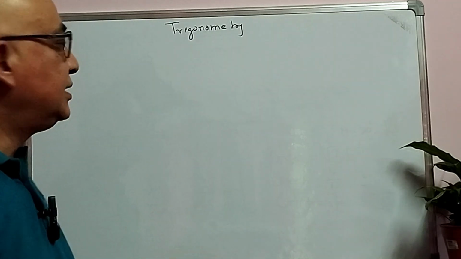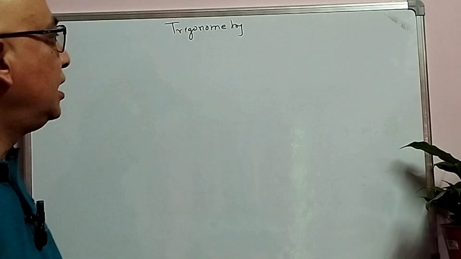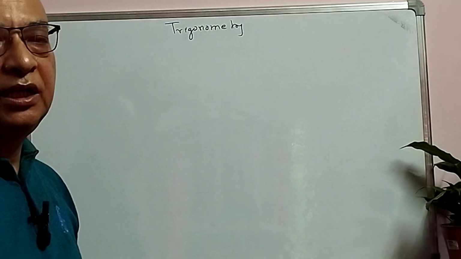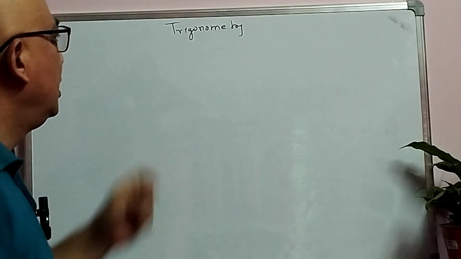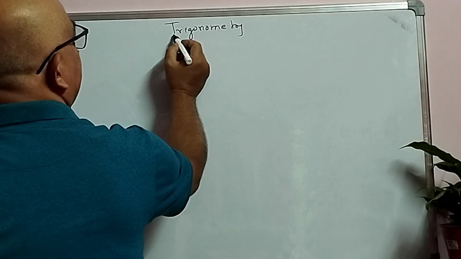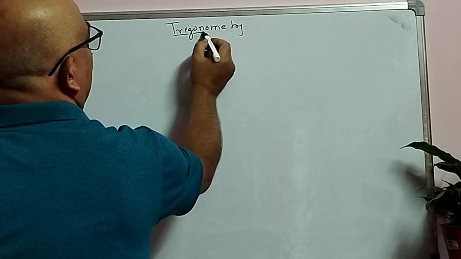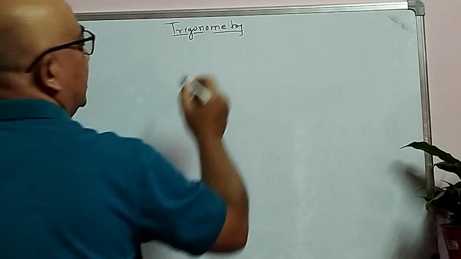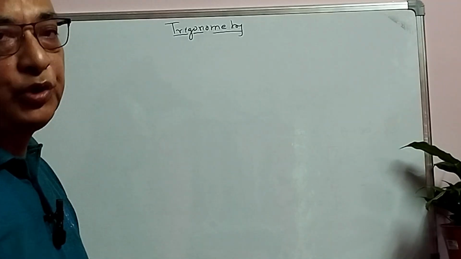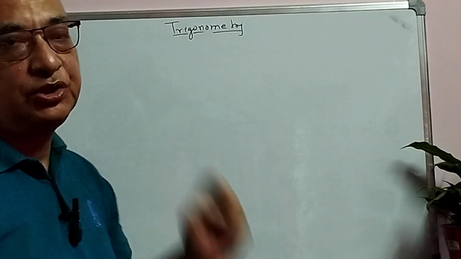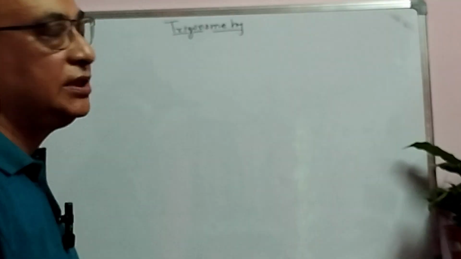So basically, trigonometry is a word formed with three different parts. One is tri, other is gon, metry, three parts. Tri means three, gon means side, and metry means the measurement.